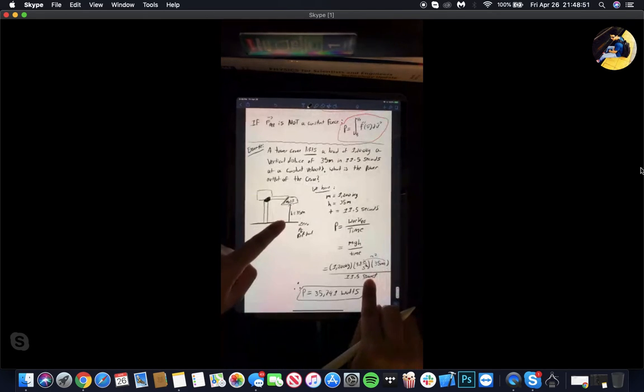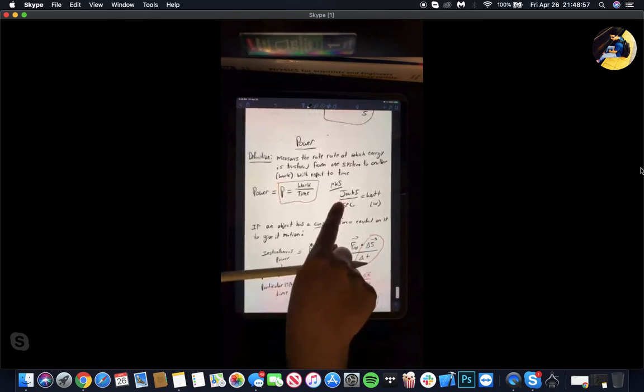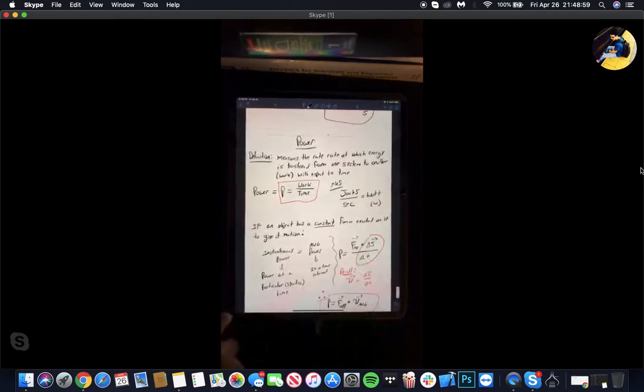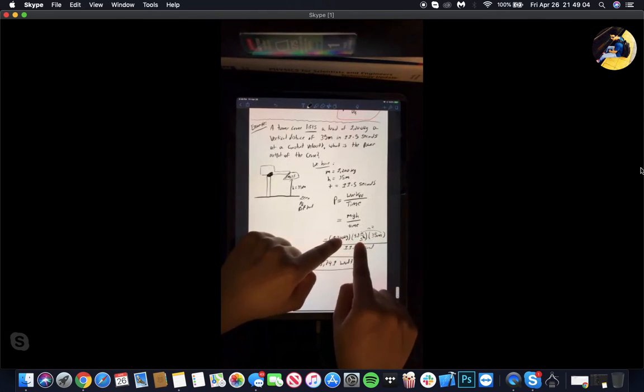And we have a second here. Joules per second gives you watts. So here you've got kilograms times meters squared over second squared.